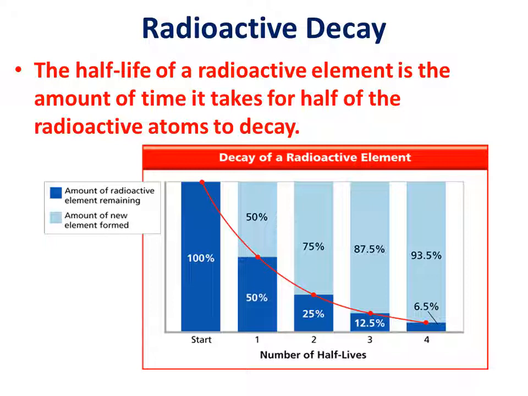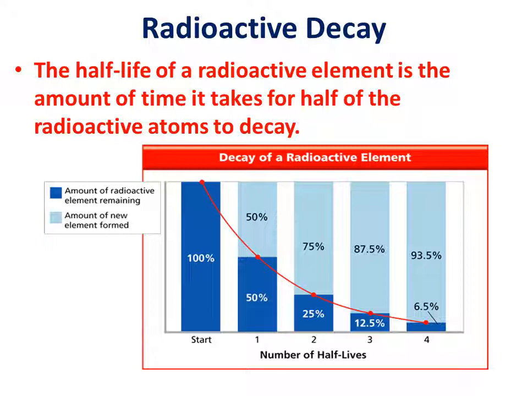Have a look at the figure. After the first stage, 50% of the element changes into a new one and 50% of the previous element remains. When you come to the second stage, the previous element remains only 25%, but the new element is now 75%.